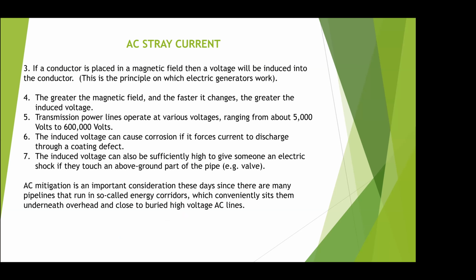So I think I've pretty much covered what's on this slide in the last discussion, but it's just good to remember that the greater the magnetic field and the faster it changes, the greater the induced voltage. And some of these overhead power lines are big voltages. 600,000 volts is not unusual.